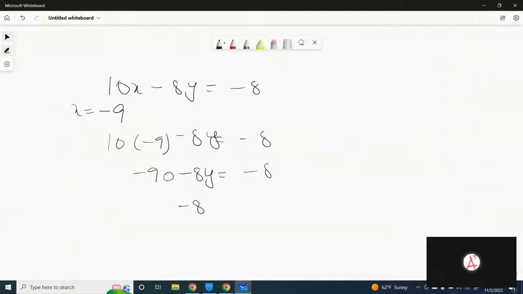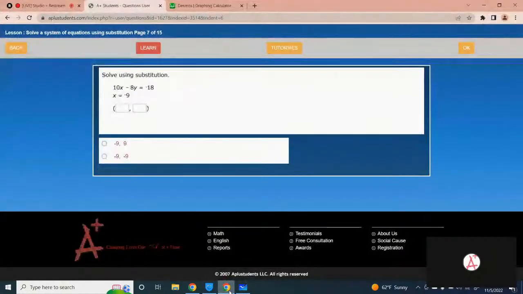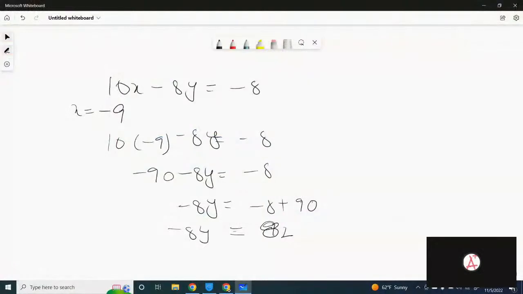Move that negative 90 to the other side, so it would be negative 18 plus 90, which is 72. So negative 8y equals 72.